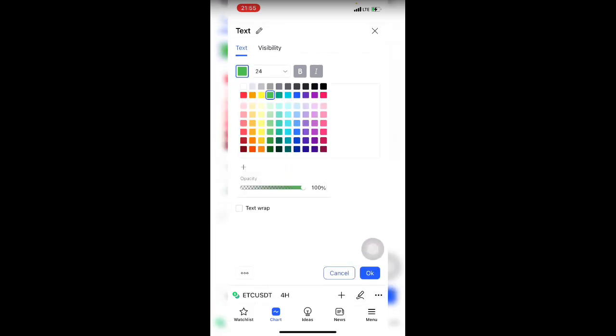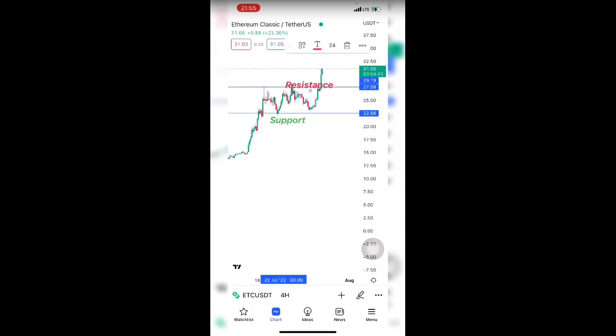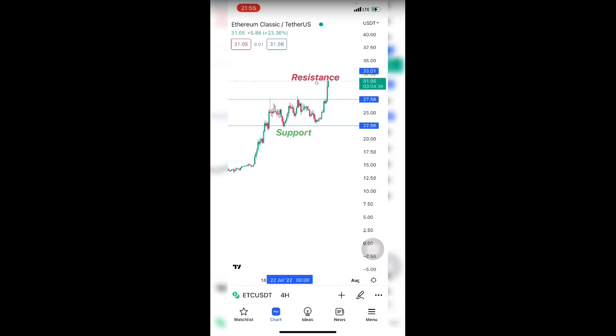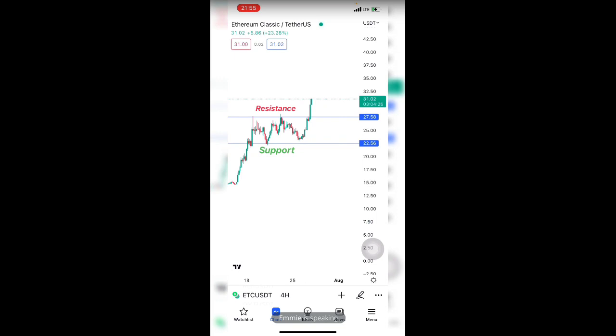This is our resistance. So now you can place your order, if you want to be using this method. The reason why this one didn't play out is that, can you see, it's already coming down? You can see a red candle already. It's already coming down, but because of the spike of today's news, it just broke it and went up like that.